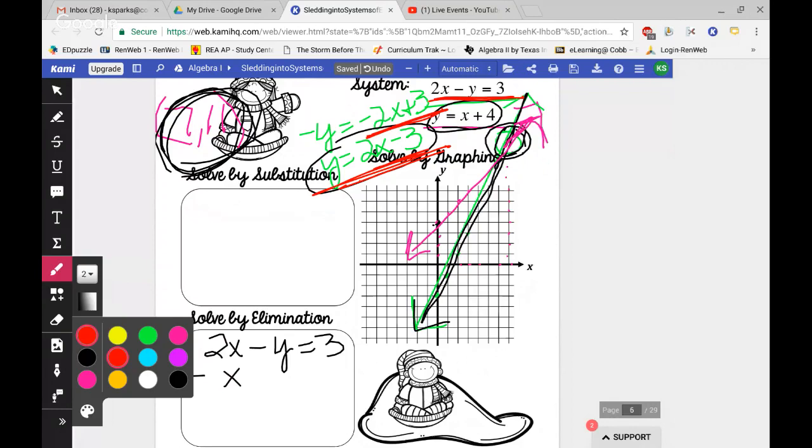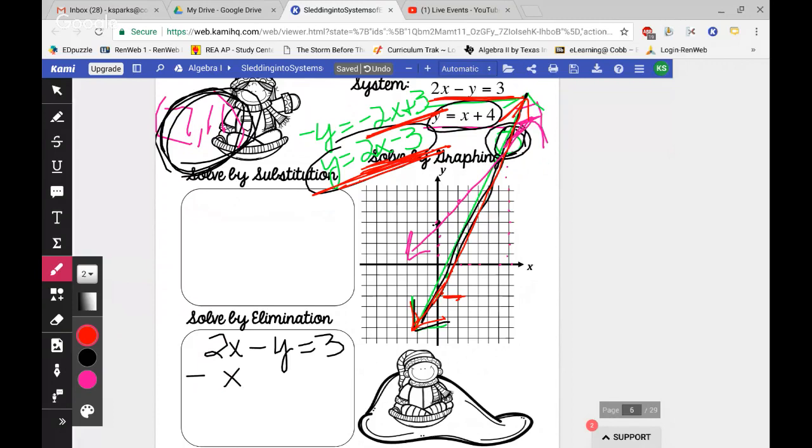My y-intercept is -3. It's way, way down here, right? Mm-hmm. I still use my y-intercept and my slope to make this line. Correct? Mm-hmm.